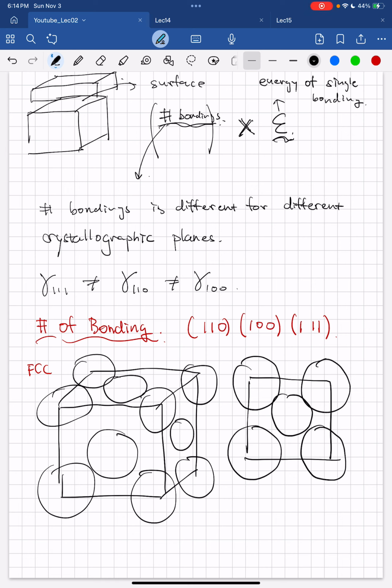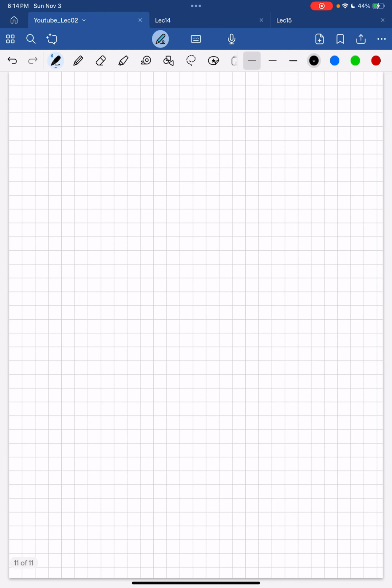Then there are two atoms per unit area. This is how many atoms you have per unit area, okay? And now you have to think about how many bonds you need to cut per atom, bondings per atom.